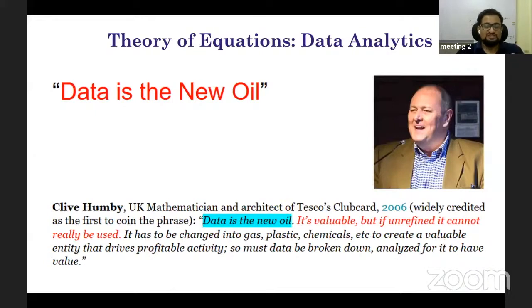You are not giving direct information, but indirectly you are giving all of it to Facebook. Facebook has now bought 10% of the share of Reliance Geo, and it is correlating the data generated since 2016 to do intelligent analytics. Now it is creating gas, plastic, chemicals, petrol out of whatever data you have submitted.